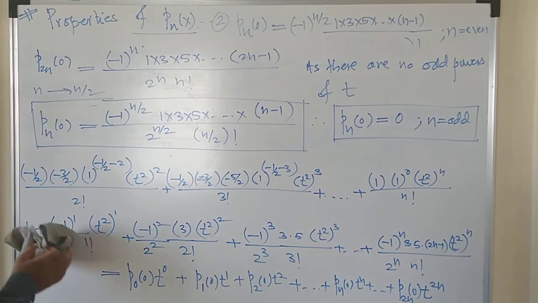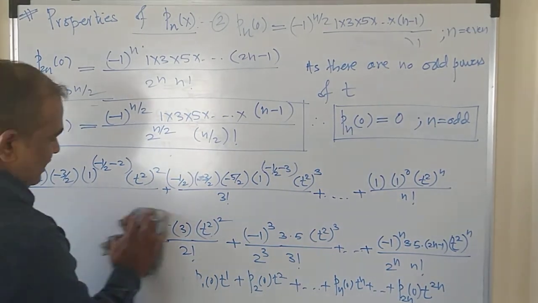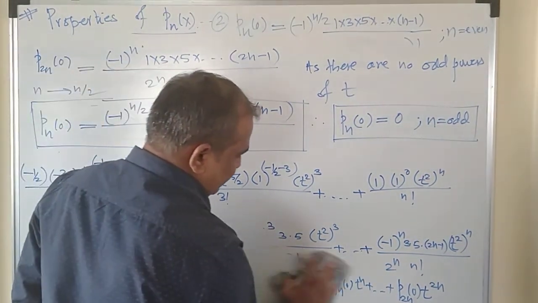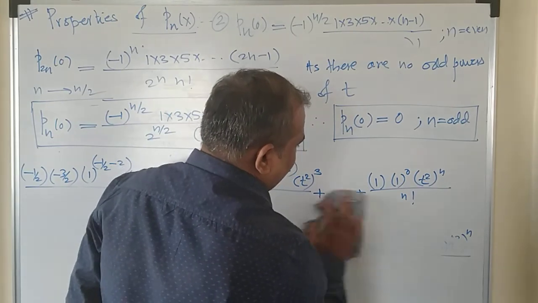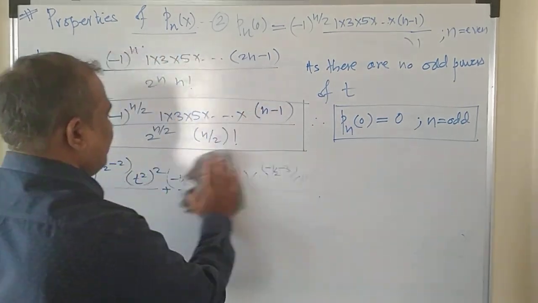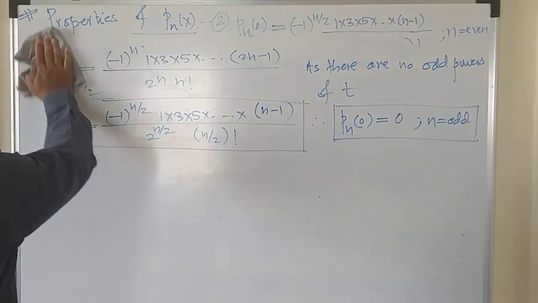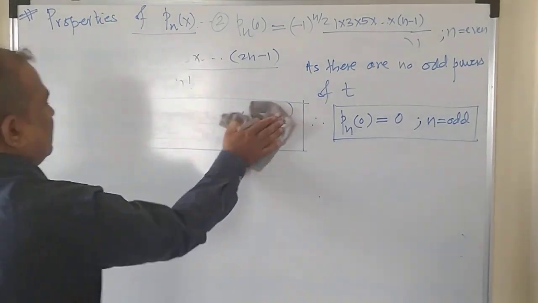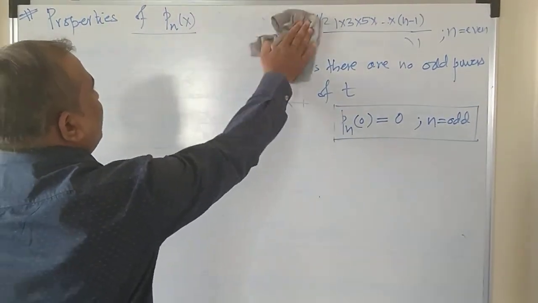So this is about the properties of the Legendre polynomial. Properties 2 and 4 we have now studied, and I am going to give you one property as homework for you. Property number 3.